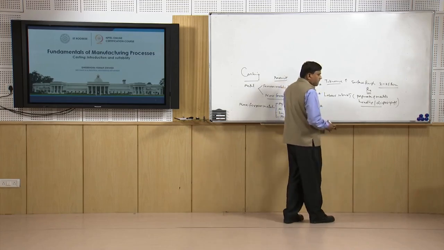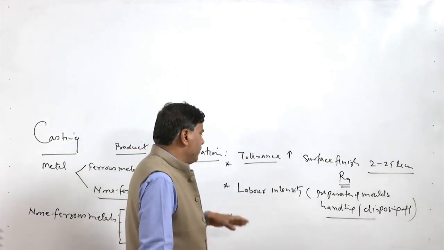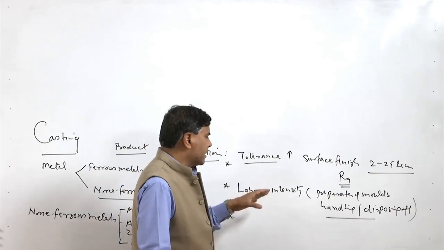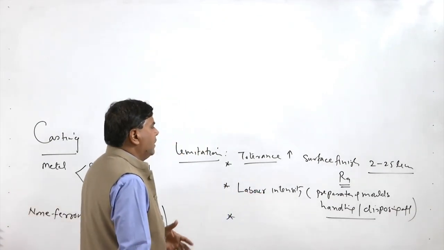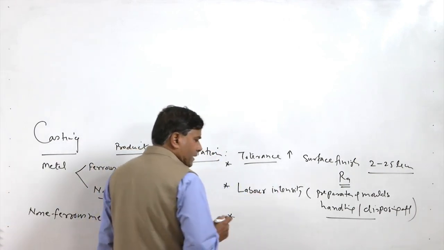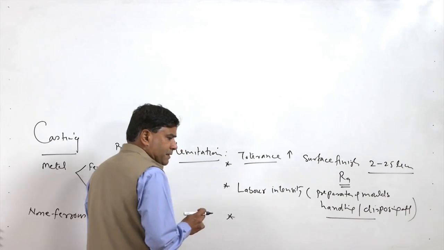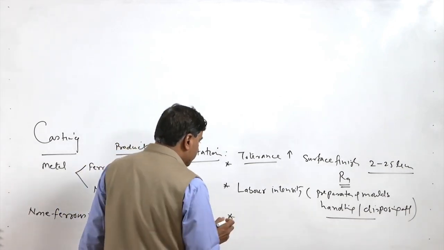However, efforts are being made to reduce the extent of labor currently used, using mechanization of the different steps of the casting process, so that the human component as well as manual intervention related to the casting process can be reduced.